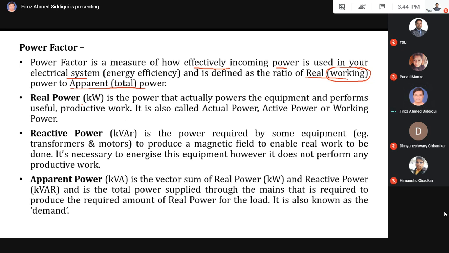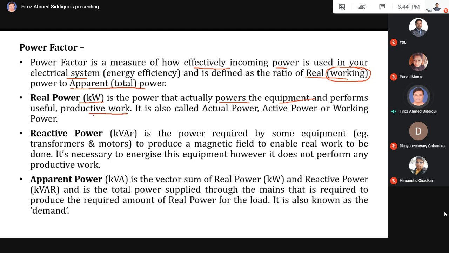Let us see. The real power, which is in kilowatts, is the power that actually powers the equipment and performs useful productive work. This is the real power.